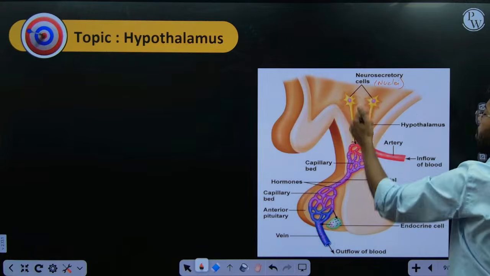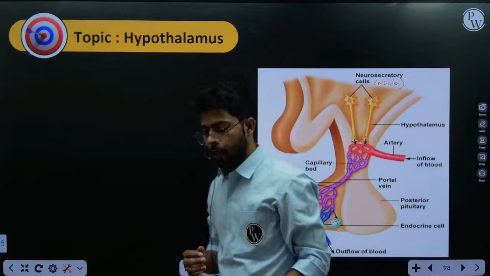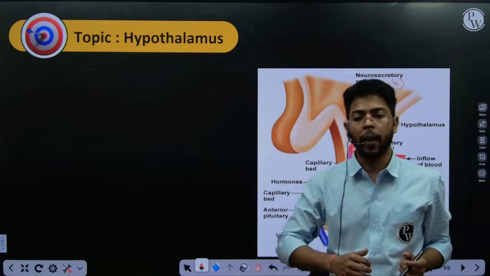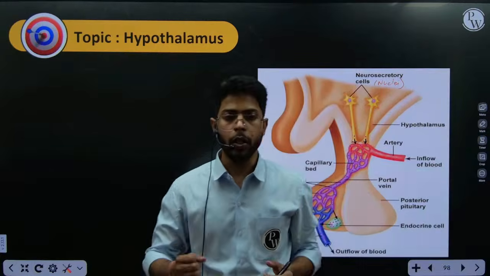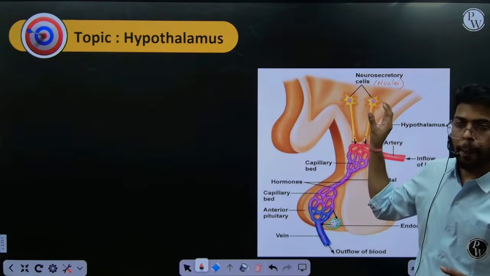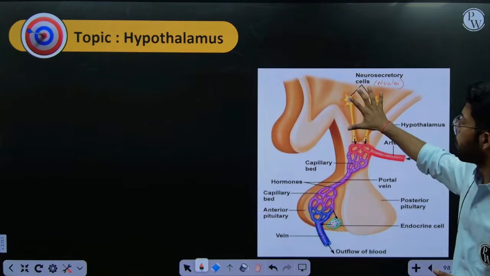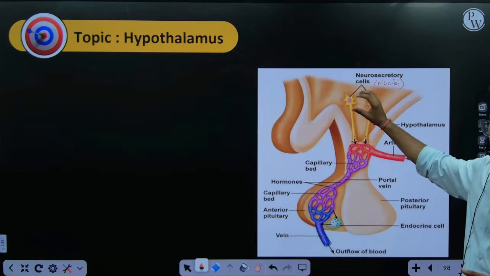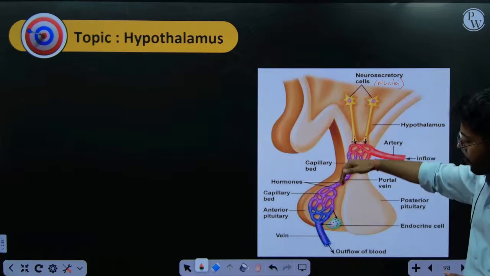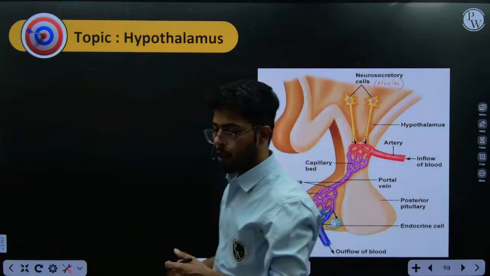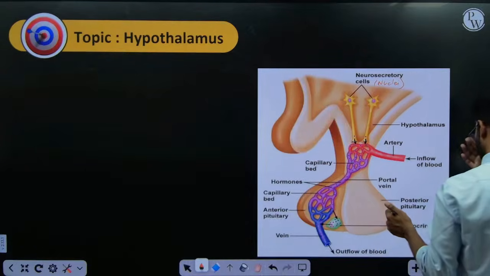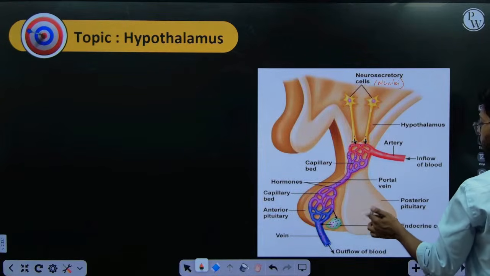If we talk about the nuclei, there are many, but the paraventricular and the supraoptic nuclei produce ADH and oxytocin in the hypothalamus region. You have to memorize this. They get transported along the axon part of these neurons, which have nerve endings in the posterior pituitary.